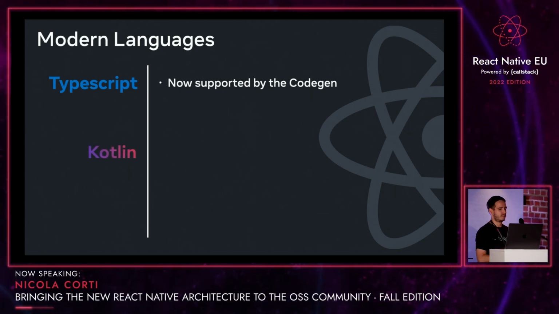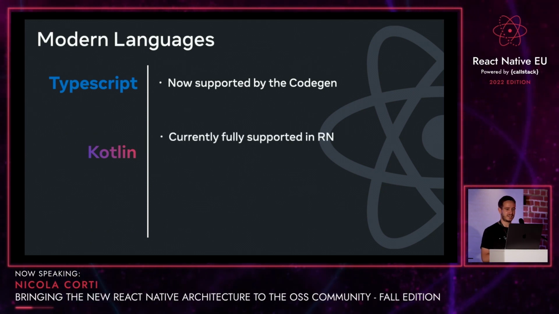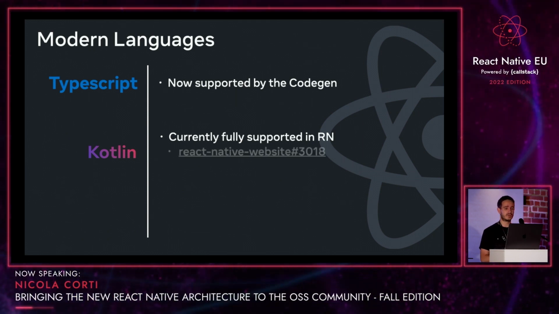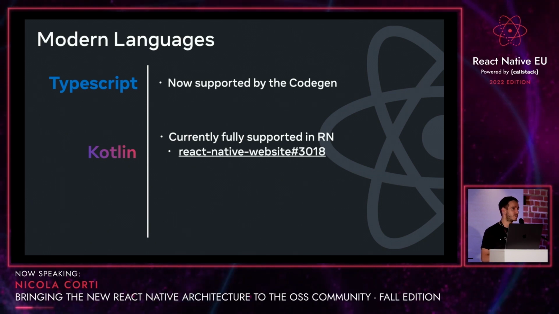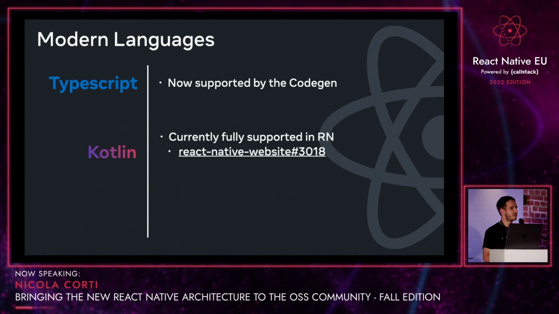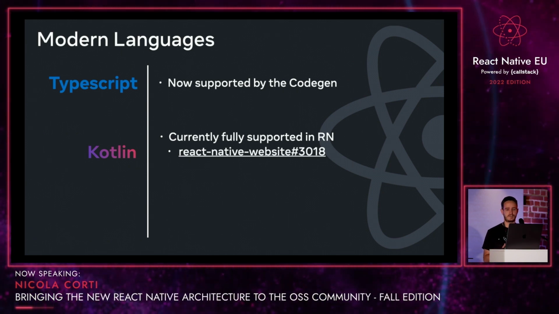On Android, well, it's all about Kotlin, which is a language that I personally really love. And it's fully supported in React Native. You can write your React Native new application with Kotlin. There are no incompatibilities. We also spent quite some time updating the website to be bilingual. So now on the React Native website, you will find docs for Java and Kotlin side by side.